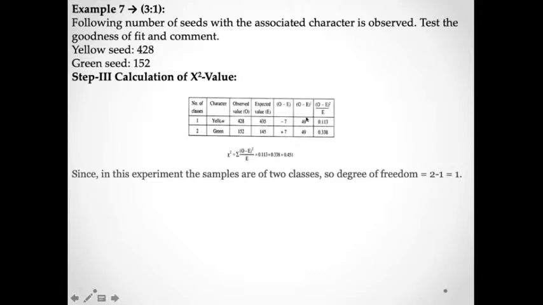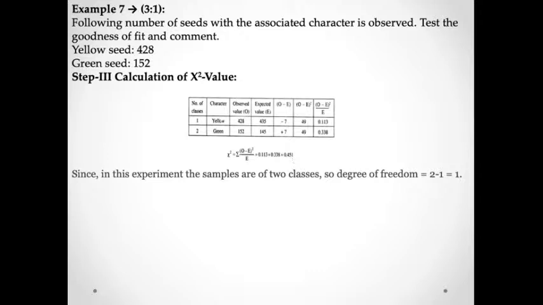Then we square it, 49, 49, and the square is divided by the expected value, that is 435, and here 145. Then in the summation we add these values, and the value comes out to be 0.451.